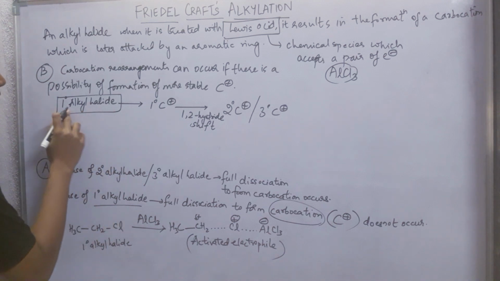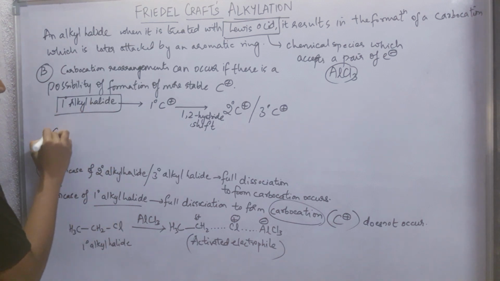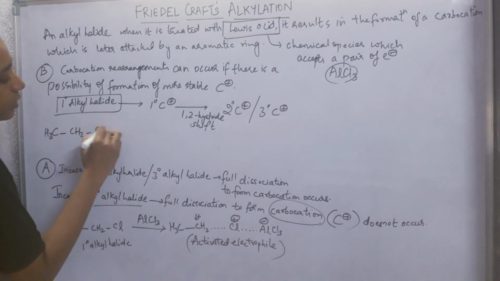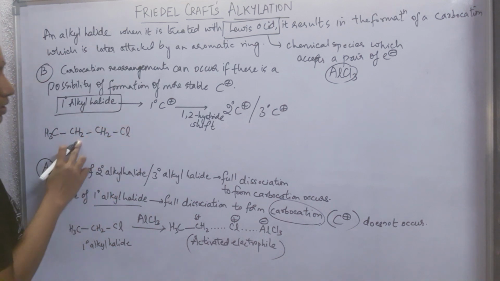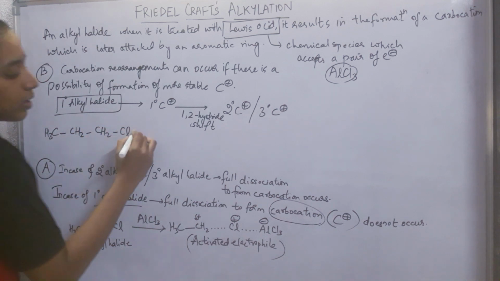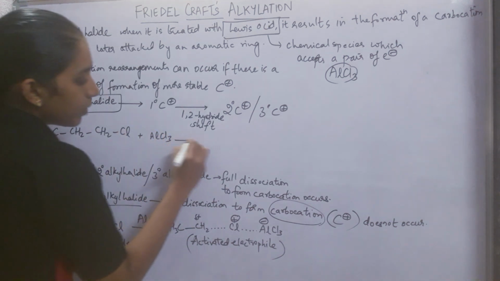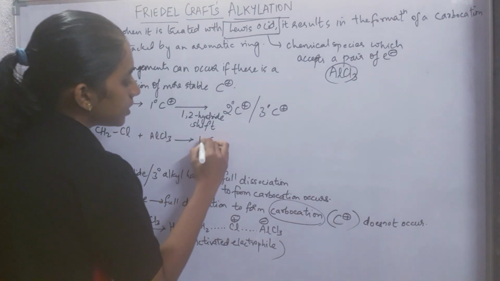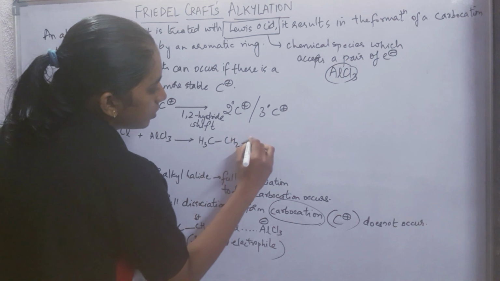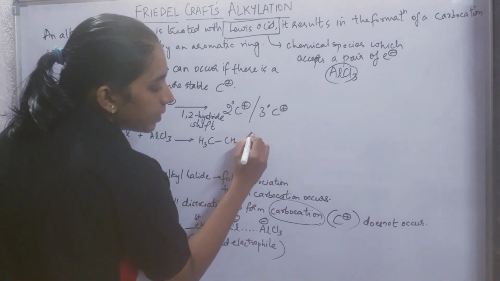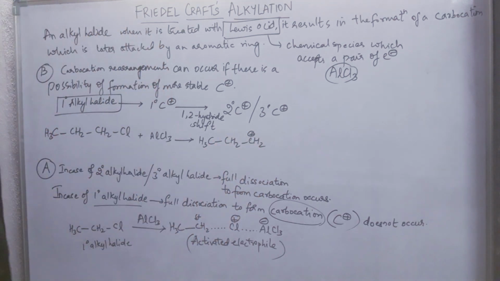First, let us take a primary alkyl halide, CH3CH2CH2Cl. This is a primary alkyl halide. Now this is treated with the Lewis acid AlCl3. What will be the product? CH3CH2CH2, this carbon will get a positive charge. Why does it get a positive charge?